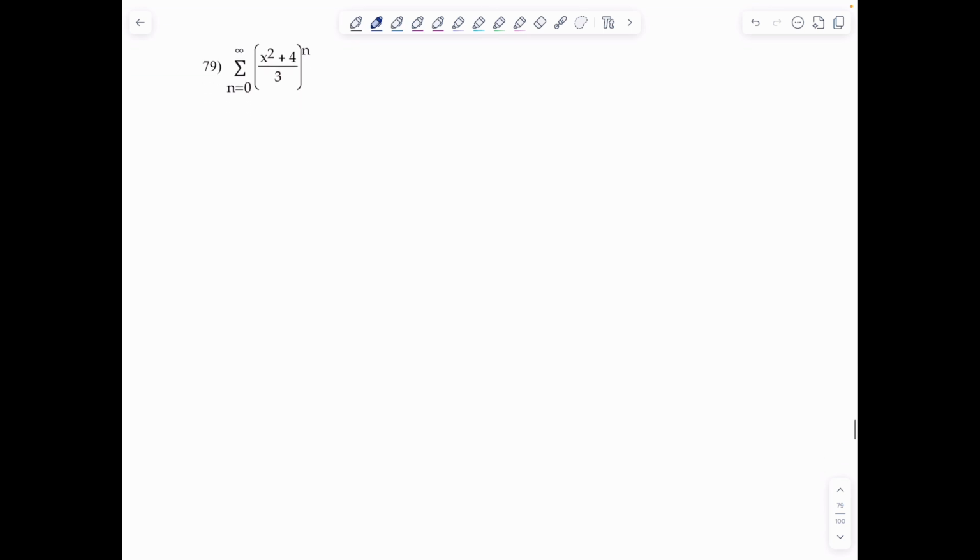Same thing here. Find the sum of the series as a function of x. So the ratio is x squared plus 4 over 3. And we require the absolute value of the ratio, so the absolute value of x squared plus 4 over 3, to be strictly less than 1. And the first term of the series, again, it starts at 0, so all of that raised to the 0 is just going to be 1.